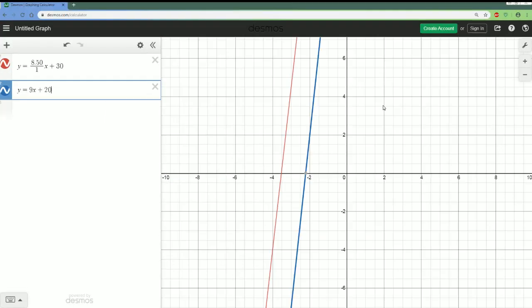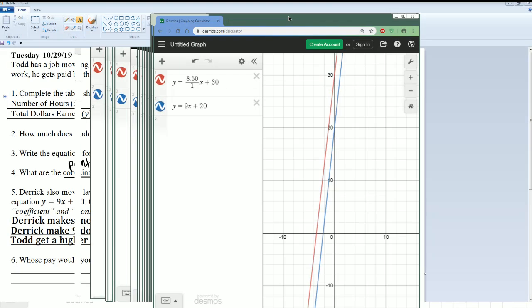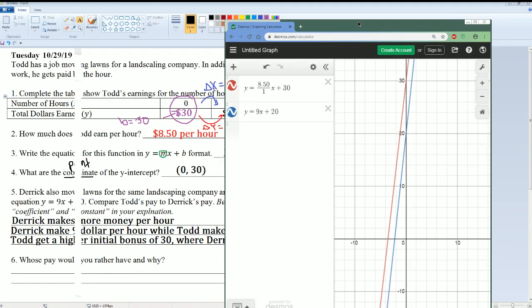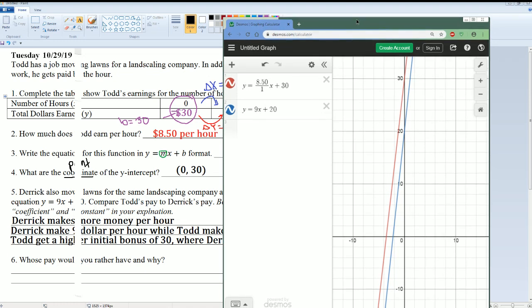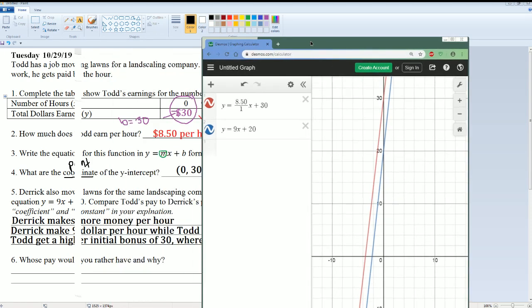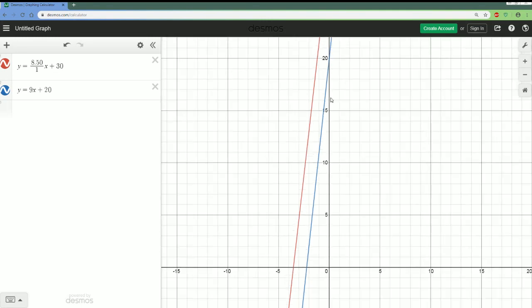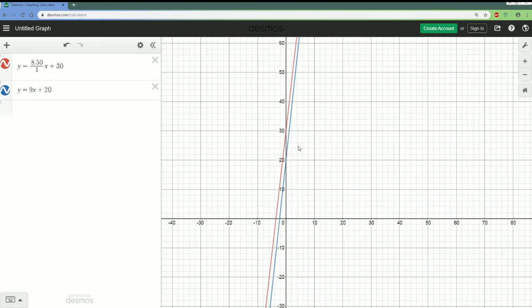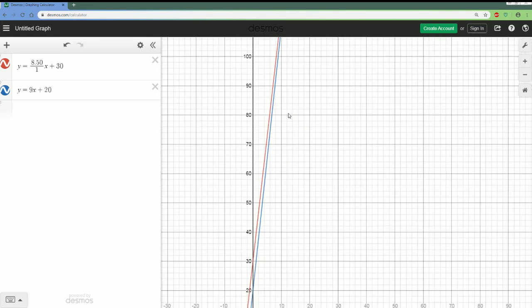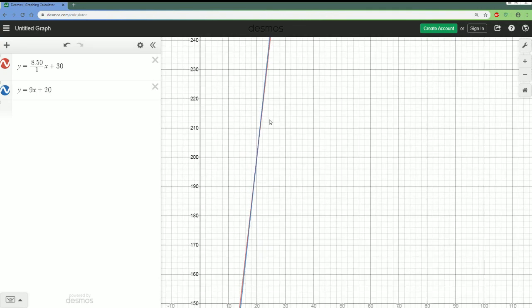Red was Todd and green was Derek's. So far, Todd looks like he's making more money until here.